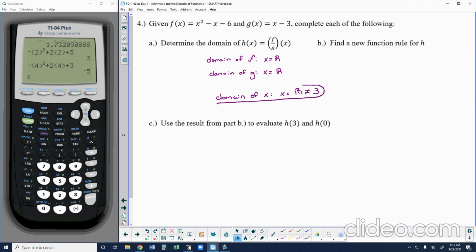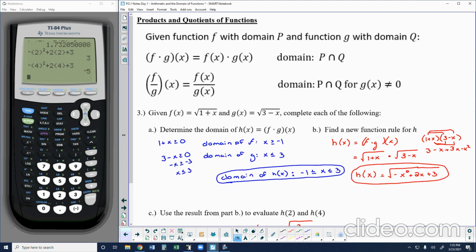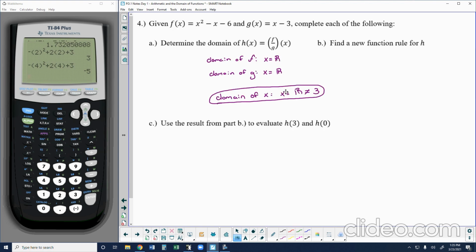Now in problem B, it says to find a new function rule for h of x. So this goes again back to what we saw a little bit with rational functions. H of x is the division of f and g of x. So what we can do is put them into a fraction: x squared minus x minus 6 over x minus 3.